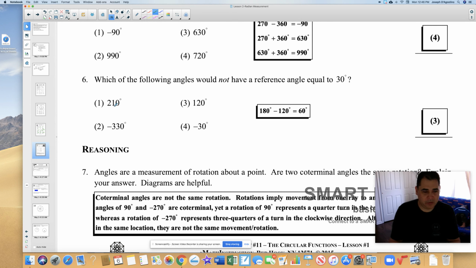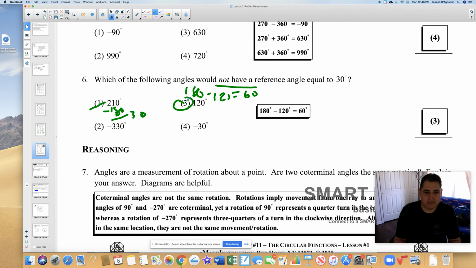All right, so if I take 210, which is in the third quadrant, it's going to be angle minus 180, which is 30. The question is, which one will not have it, though? That one will have it. 120 is in the second quadrant, so you take 180 minus the angle, which gives us 60. That looks like that's the answer.